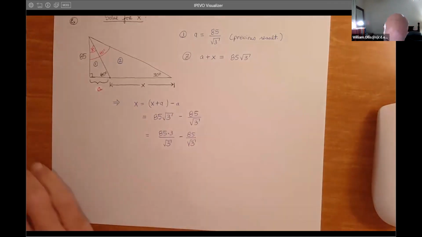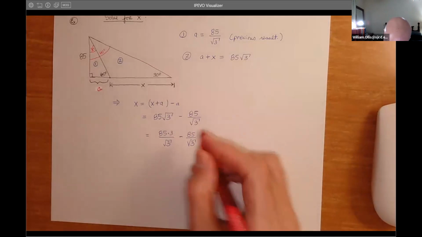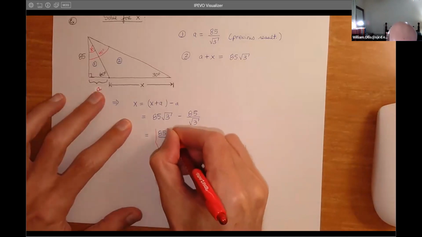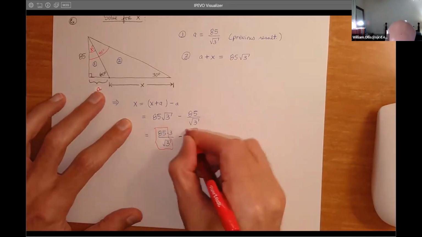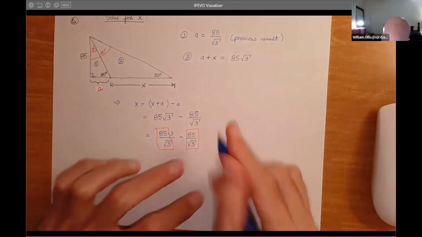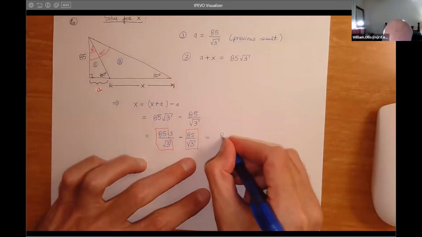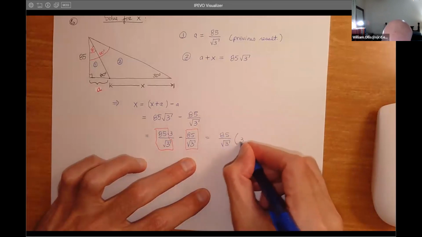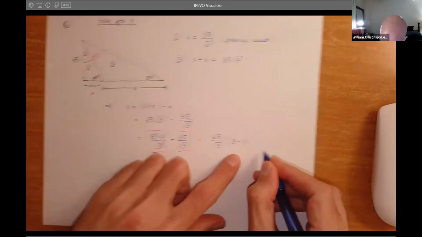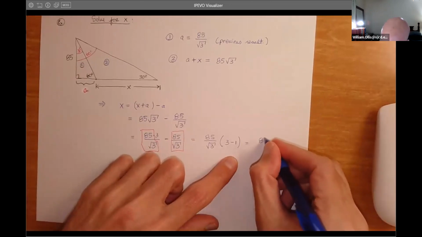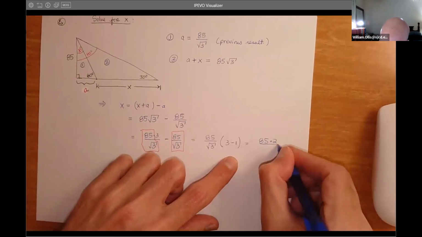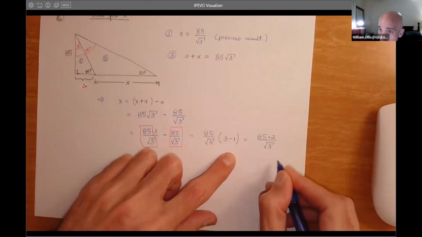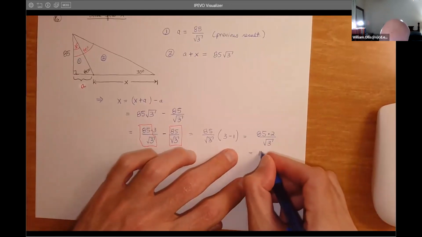Now we can factor. Looks very similar, doesn't it? So this gives us 85 over root 3, times 3 minus 1. So that gives us a 2. And 2 times 85 is 170.